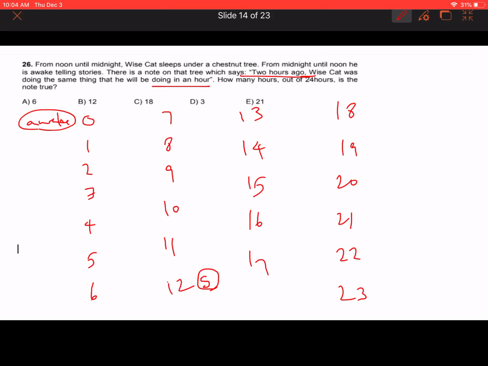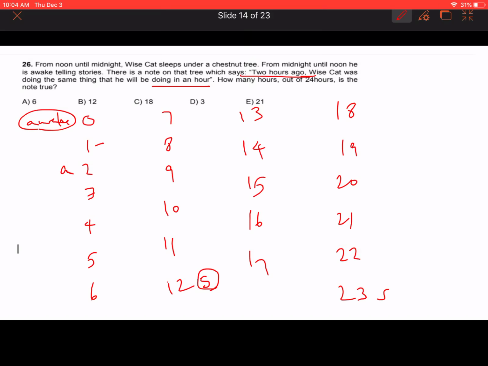So 2 hours ago, suppose I say the first hour, 2 hours ago is the 23rd hour, right? At that time he was sleeping, but 1 hour after the 1 o'clock he is going to be awake, so that is not going to work.